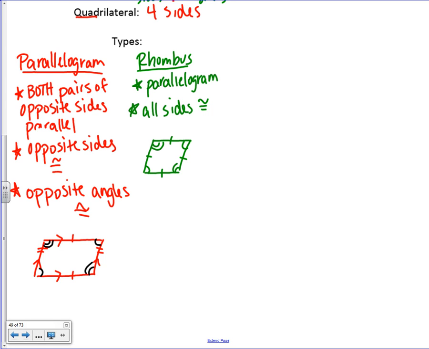And then obviously I didn't put in my arrows there to mean parallel, but you know because that's a parallelogram that those opposite sides have to be parallel.